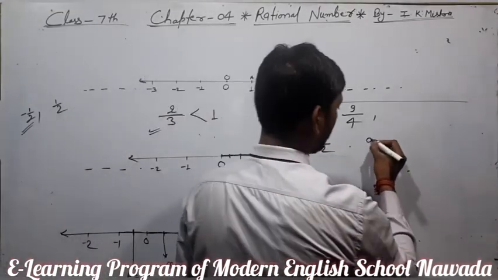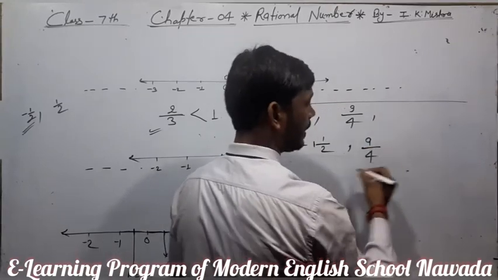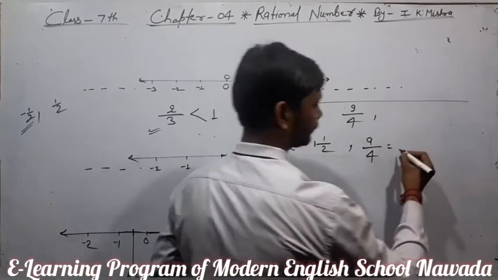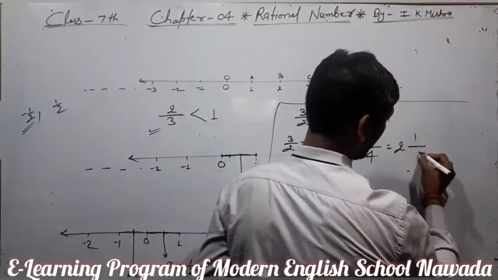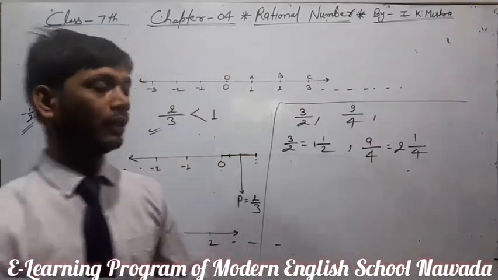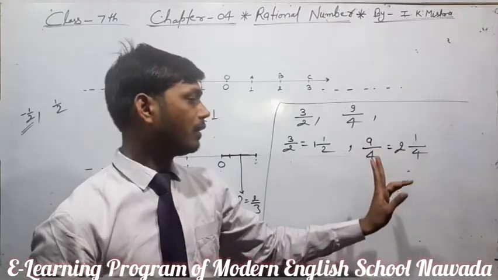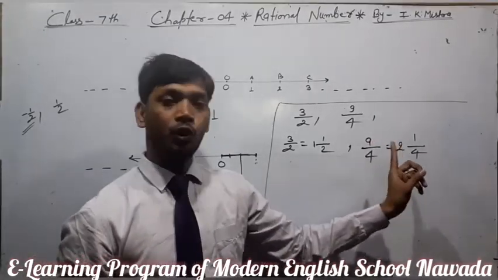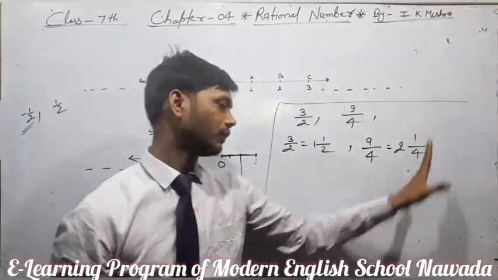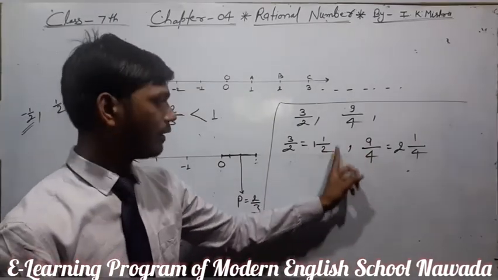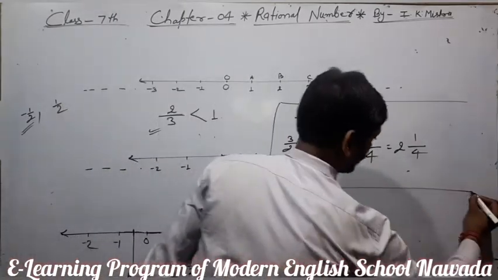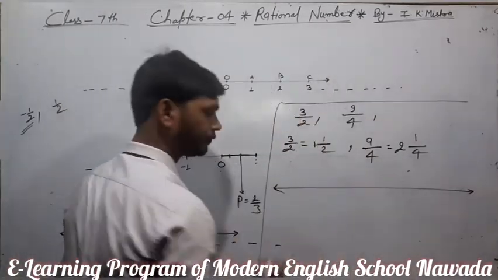Here 9 by 4 is equal to 2 whole 1 by 4. That means 9 by 4 lies between 2 and 3. First of all, consider this. After that, draw a line.